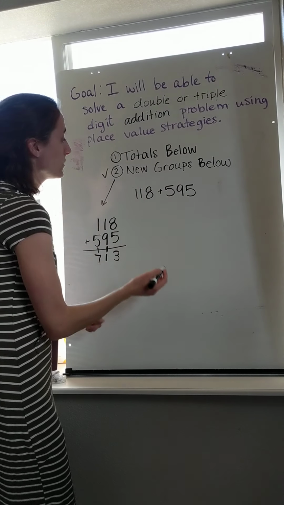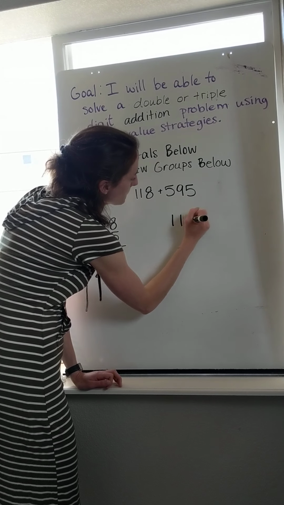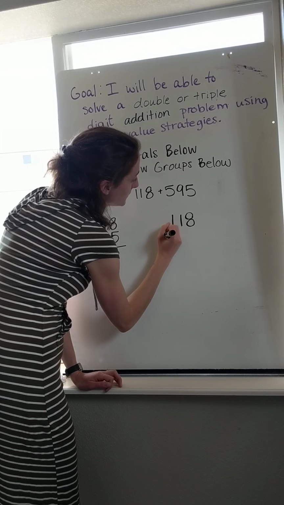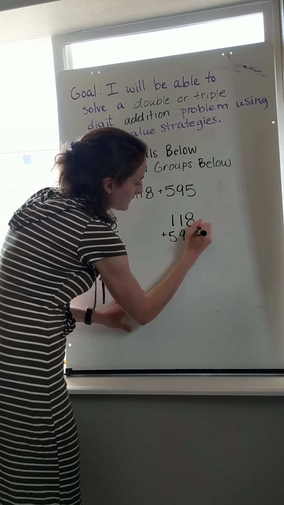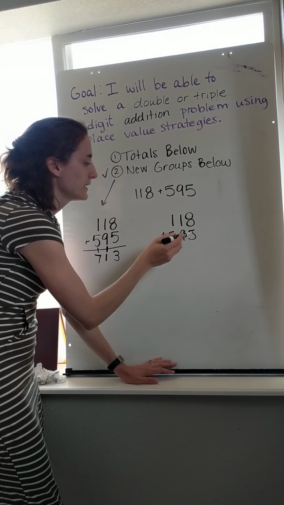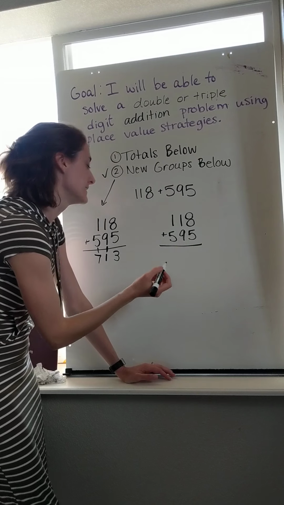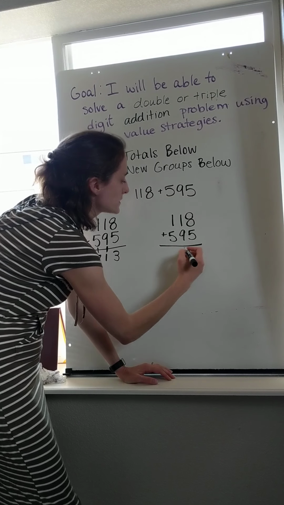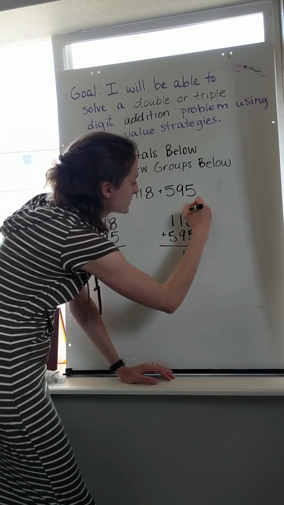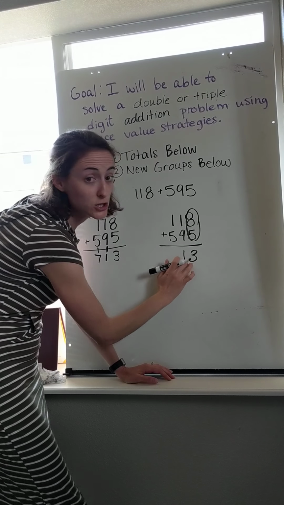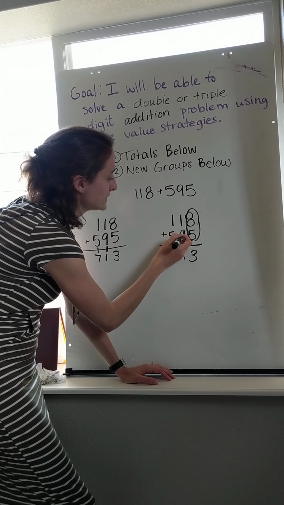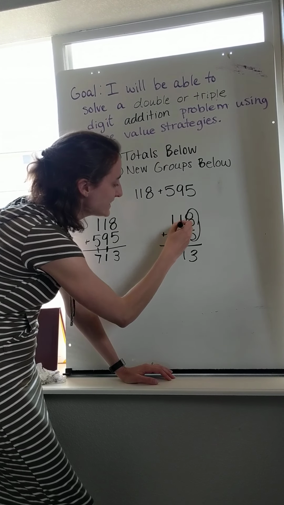Now I'm going to do my totals below strategy. So I put 118 plus 595, I stack them, I go, let's see, 5 plus 8, makes 13 still, so I'm just going to put 13 down here. I just put my ones together, so I leave that total below. 9 tens plus 1 ten.